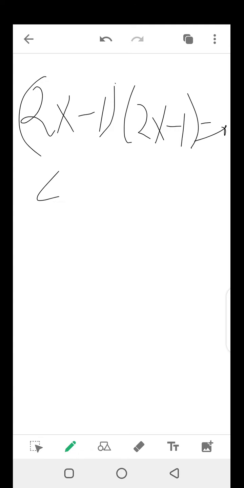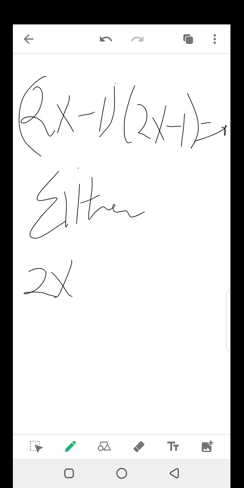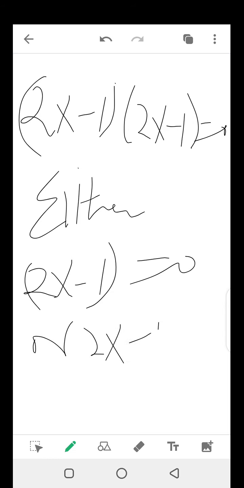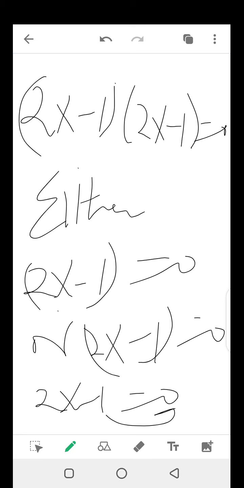So we shall say either 2x minus 1 equals 0, or still 2x minus 1 equals 0. So when this is equal to 0, 2x minus 1 equals 0. This one comes this side.